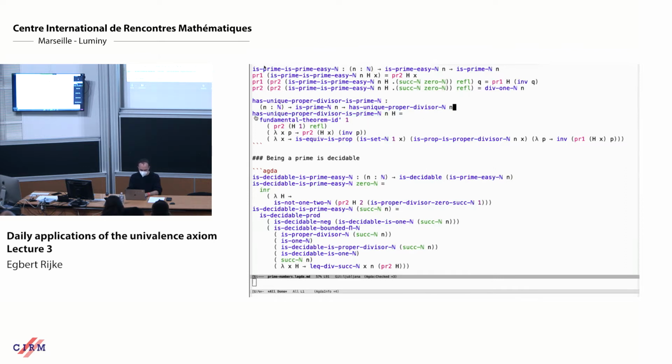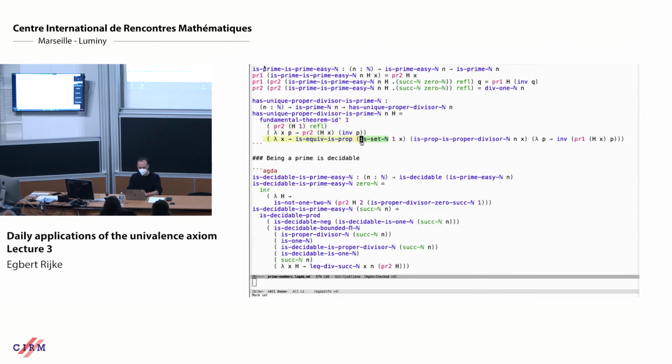And I say we apply our theorem from homotopy theory, the fundamental theorem of identity types. We want to say something about equality with the natural number 1. So that's why 1 goes here. And this theorem has a lot of hypotheses, and that's what I have been filling out here.